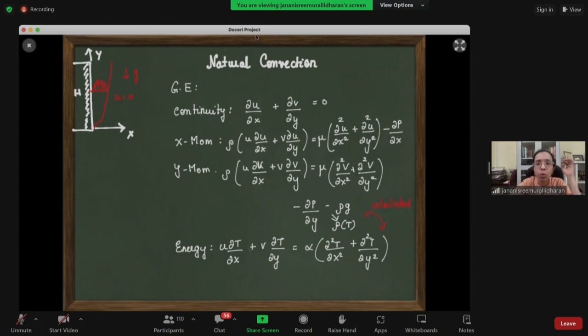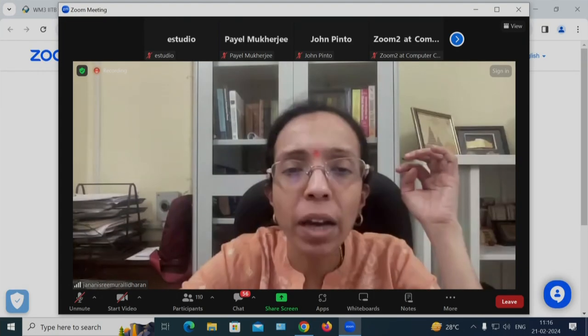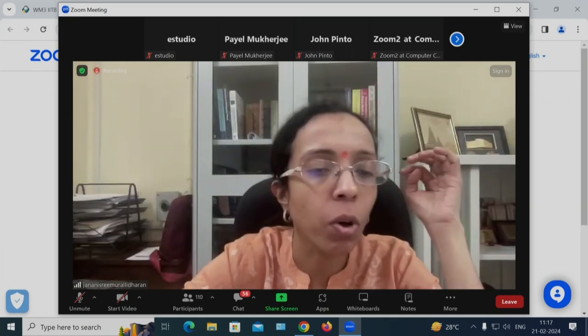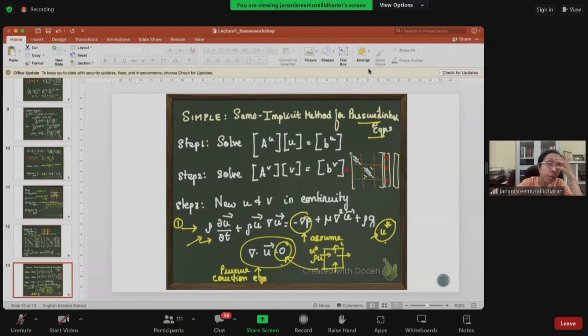Before doing this, let me go back to my previous presentation, which might be important here. It becomes important for us to first understand how a normal Navier-Stokes equation is solved, right? In your Navier-Stokes equation, what are the equations you're solving?